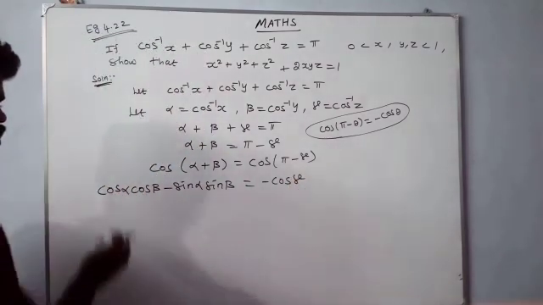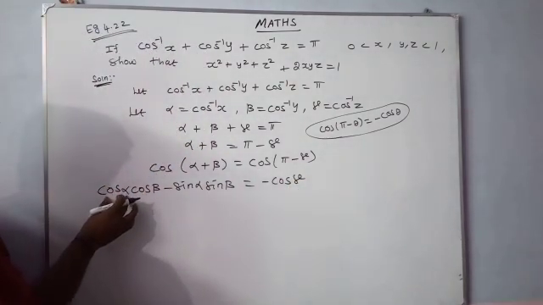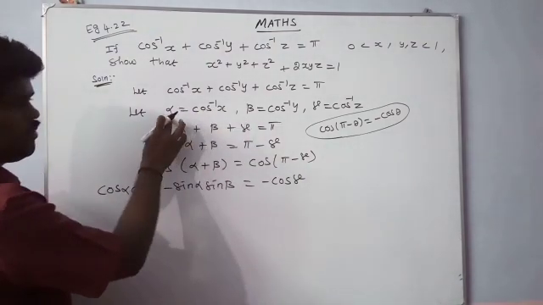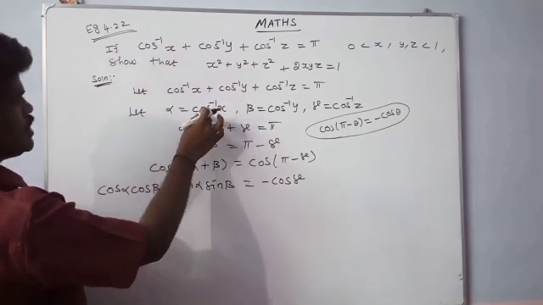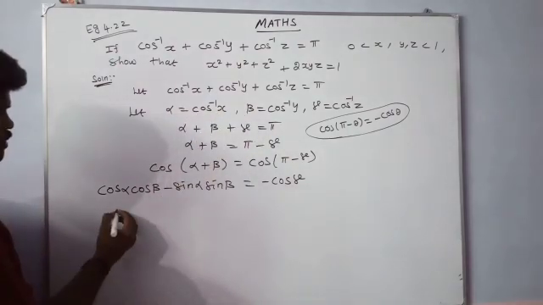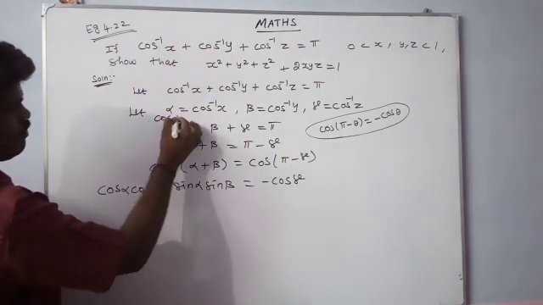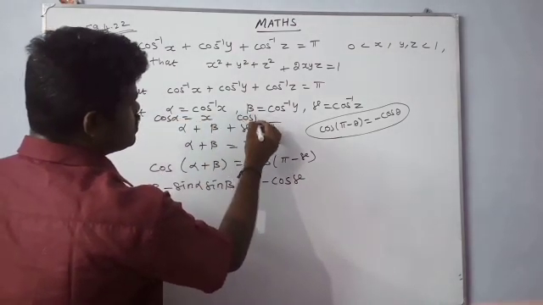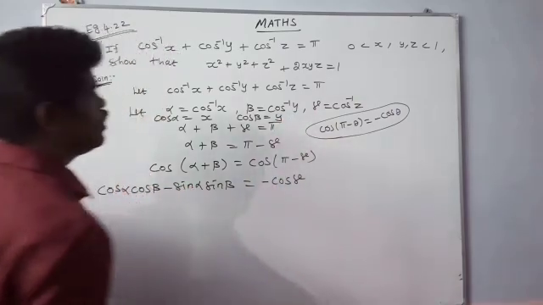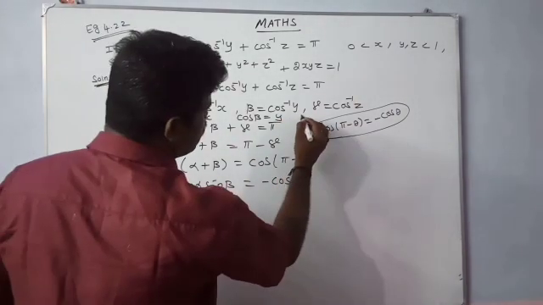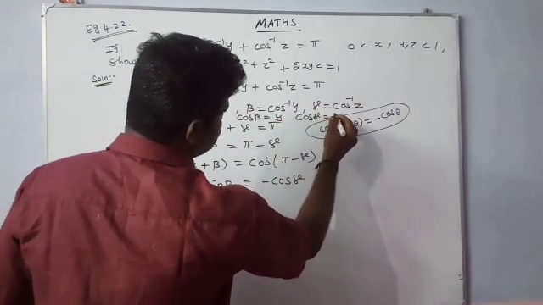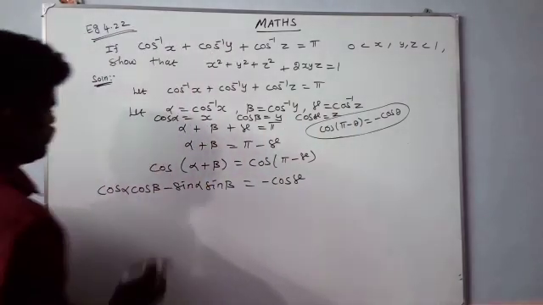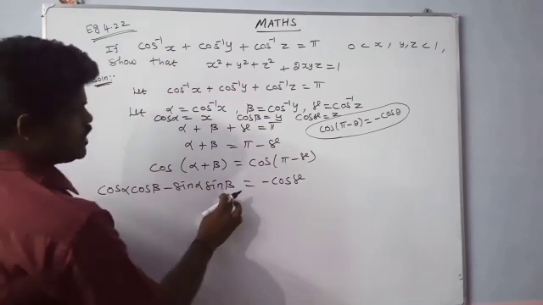Directly we apply: cos inverse x is alpha, so cos alpha equals x. And here cos beta is equal to y, and cos gamma is equal to z. Cos alpha cos beta minus sin alpha sin beta.